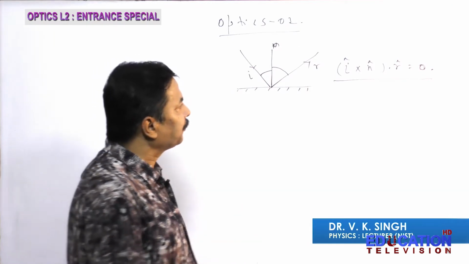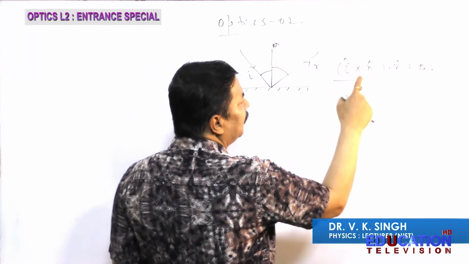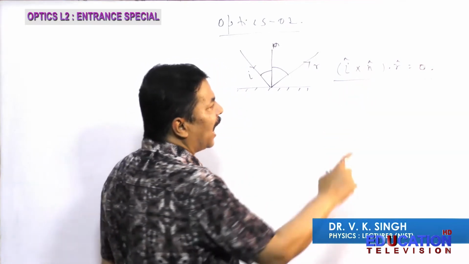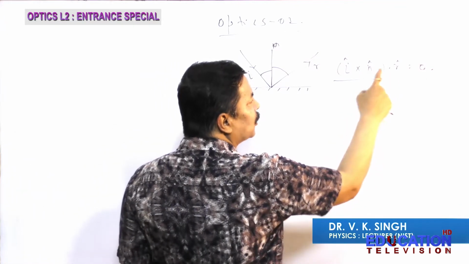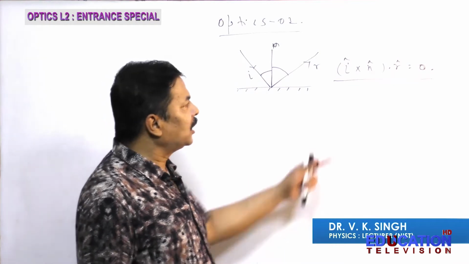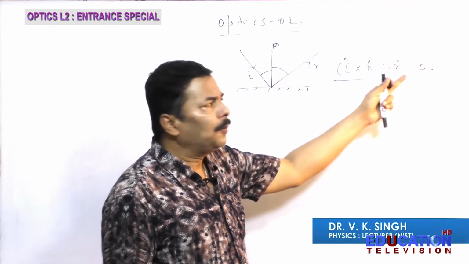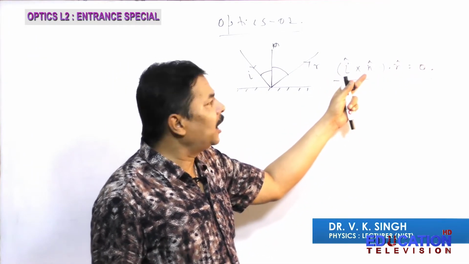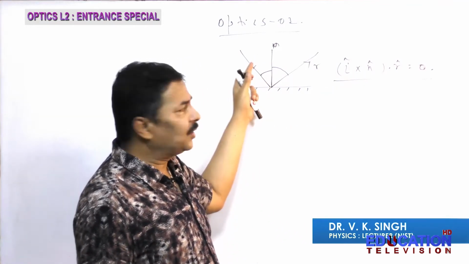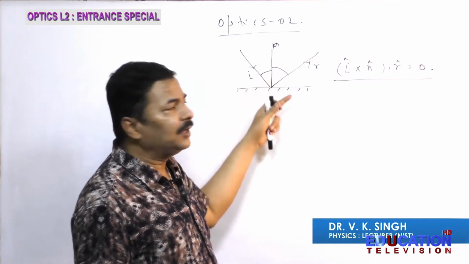What does it mean? I cross n is a vector perpendicular to I and n, and as R is also in the same plane, it is perpendicular to R also. So ultimately cos 90 is 0. This is the vectorial meaning of the incident ray, reflected ray and normal lying in the same plane.